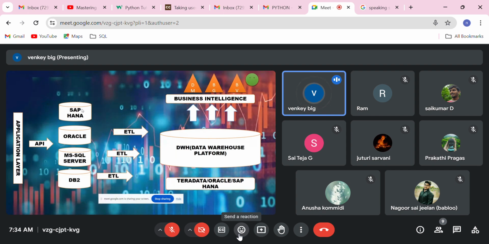OLTP, online transaction processing. The responsibility of the OLTP is to support frequent insertions, updations, deletions. The database system which is tightly connected to the application layer, we call the online transaction processing database.